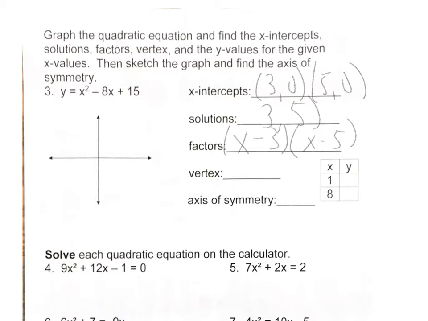That's not right. Okay, so what's our vertex? We would come down here to the bottom. So it'd be 4, -1.